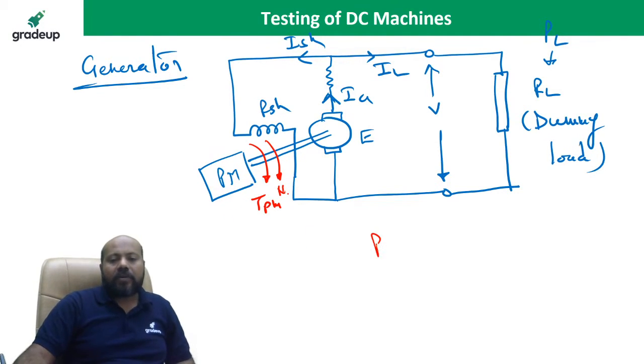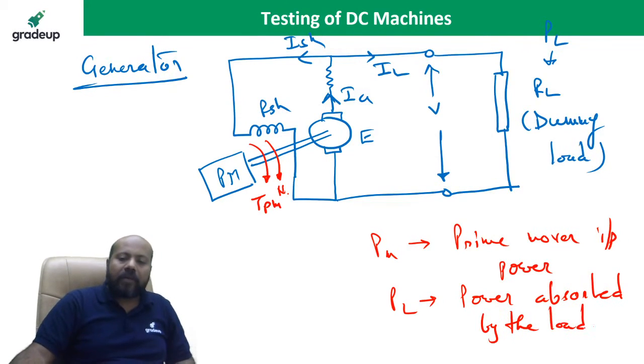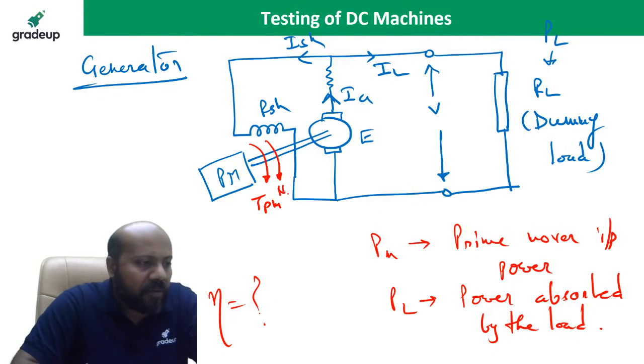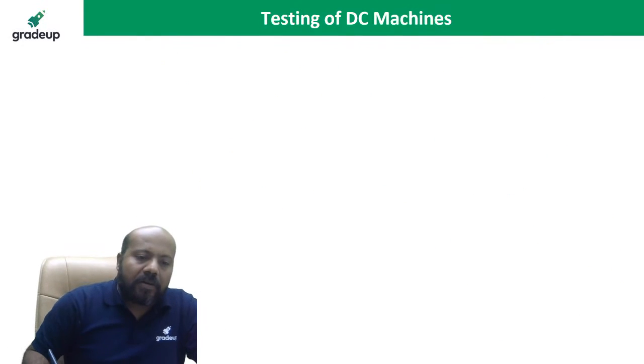Suppose this is the prime mover input power, and PL is the power absorbed by the load, and you can find the efficiency by using the output power and input power. Now let us talk about the Swinburne test.